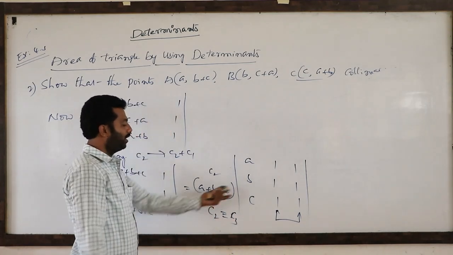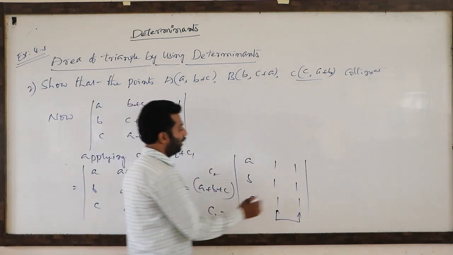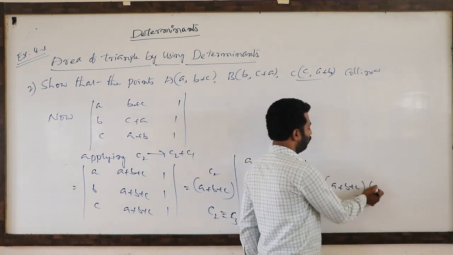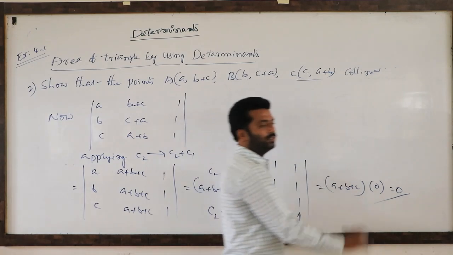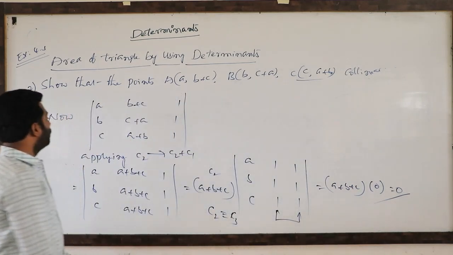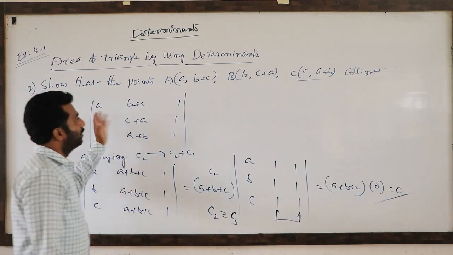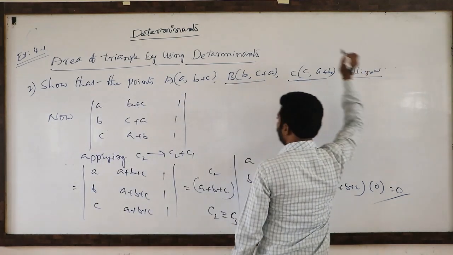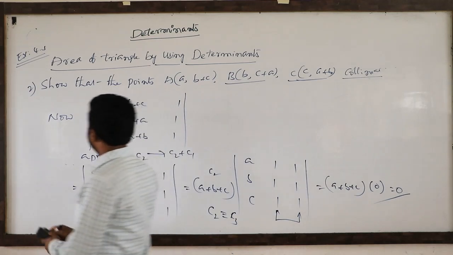So this determinant is 0. Finally we get (A+B+C) into 0, nothing but 0. So finally this determinant equals 0, meaning clearly these three points are collinear, we can prove. Okay. Next.